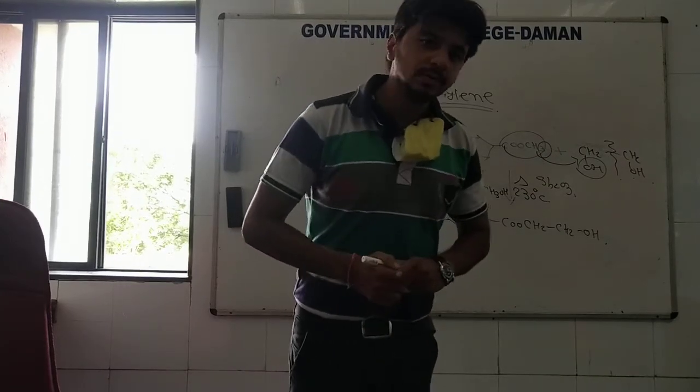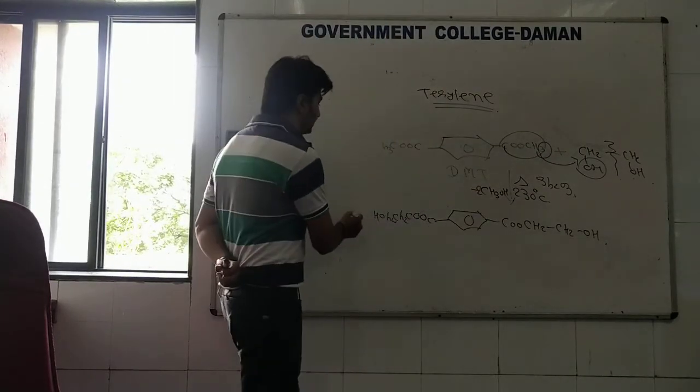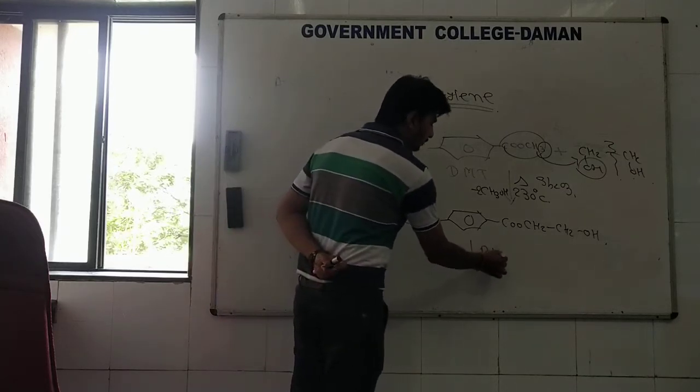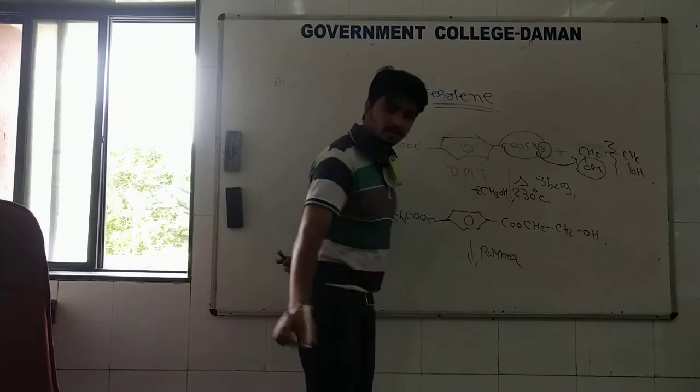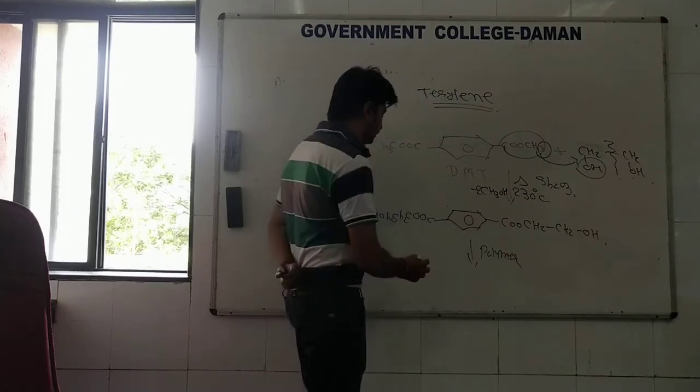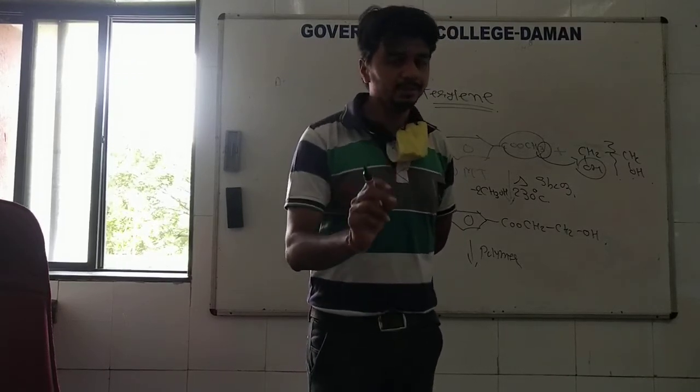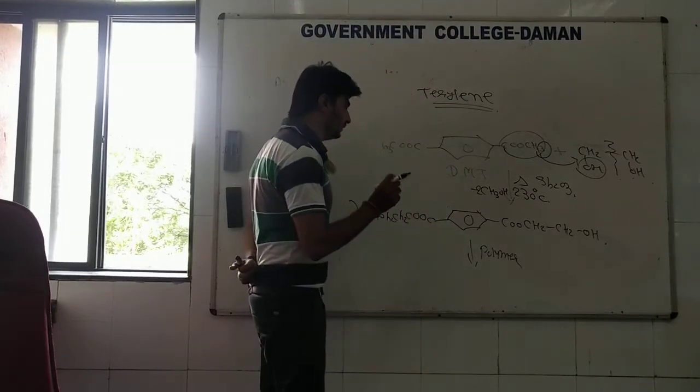Now you take n numbers of such molecules and carry out the polymerization reaction. You will get terylene, or polyethylene terephthalate.